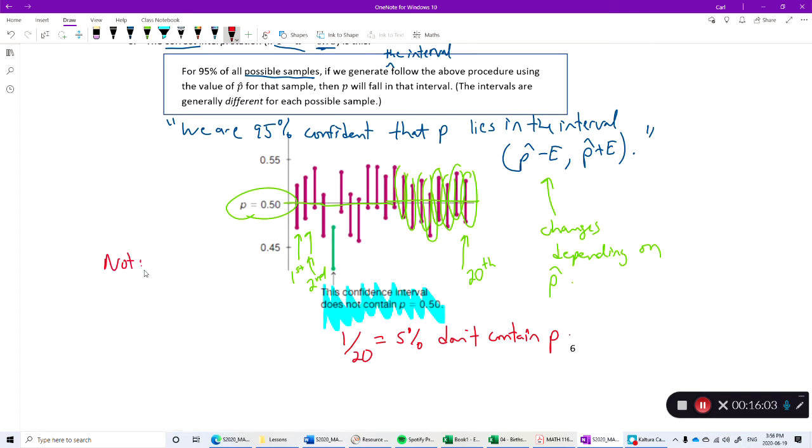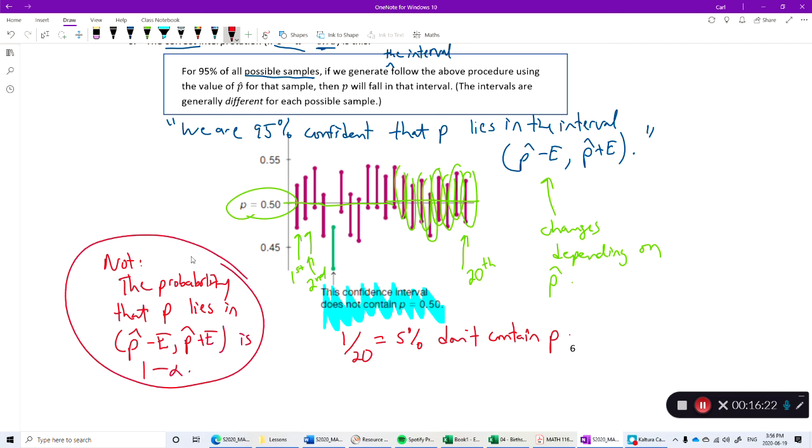Now this is not the same thing as saying, and our book does a good job with saying this, that the probability that p lies in the interval p hat minus E, p hat plus E is 1 minus alpha. It's not that. That's wrong.